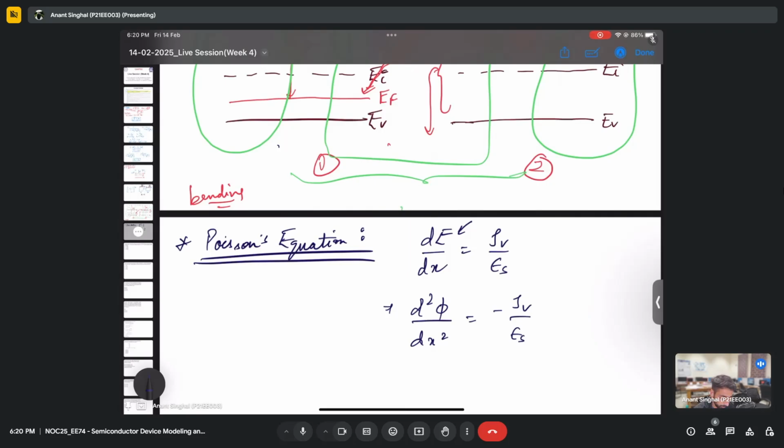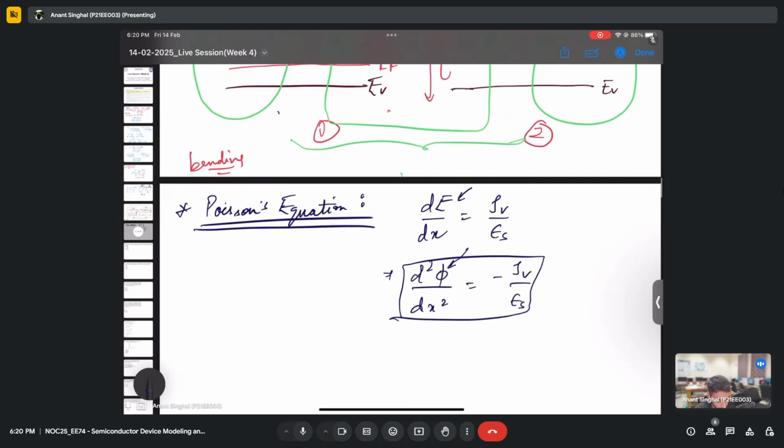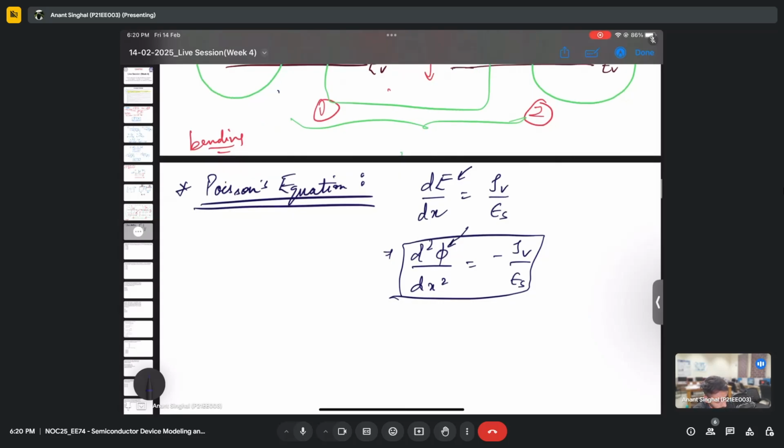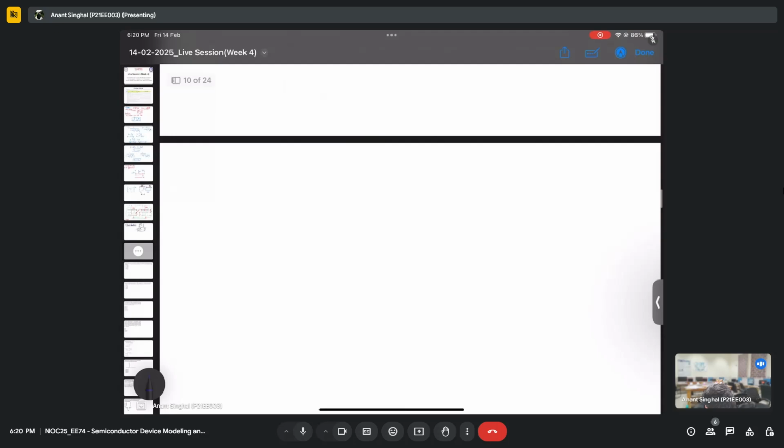TCAD is one of those software. TCAD solves this equation at each and every point and determines the potential at that point. So this is how you will get the band diagram. Band diagram, as I said, is nothing but a potential profile representation. This is what we will be using to do the derivation or to have more clarity about PN junctions also. So let's quickly make the band diagram for the PN junction now.